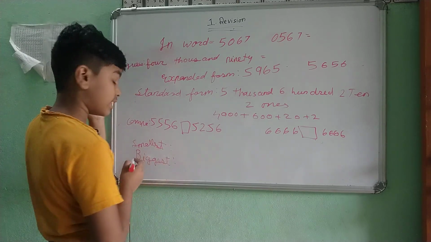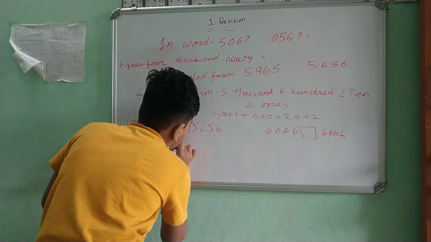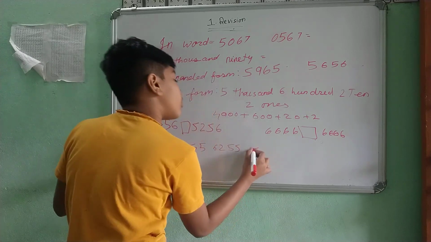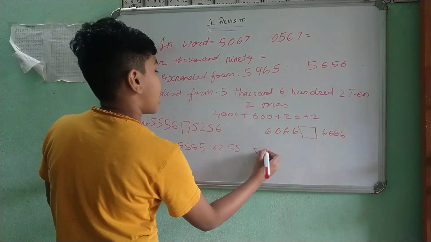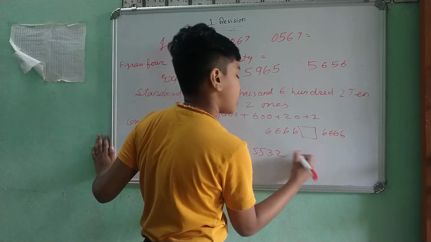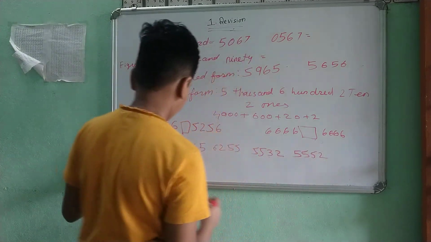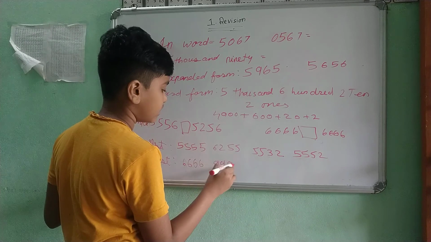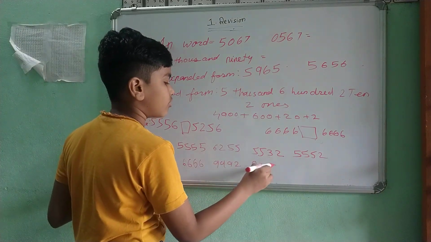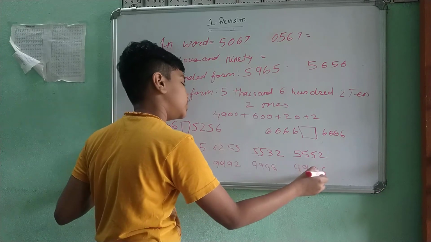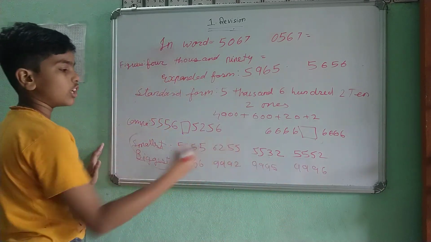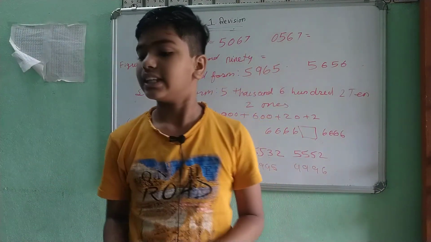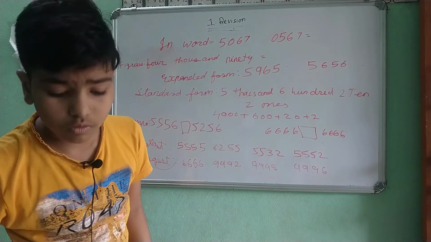The smallest number you can have, I'm giving you 5556, 5555, 5325, 5552. The biggest is 6666, 9992, 9995, 9996. Identify both in these numbers, the smallest one and the biggest one. Okay, this is your homework on what I taught you today.